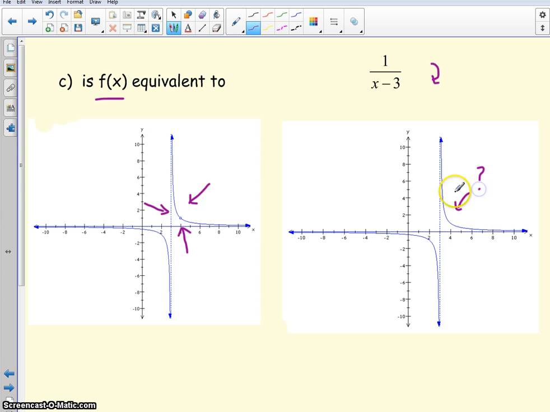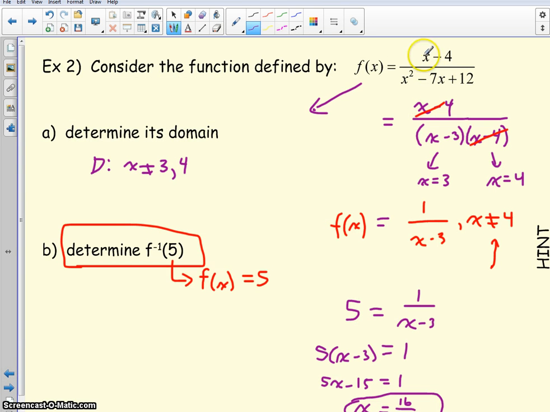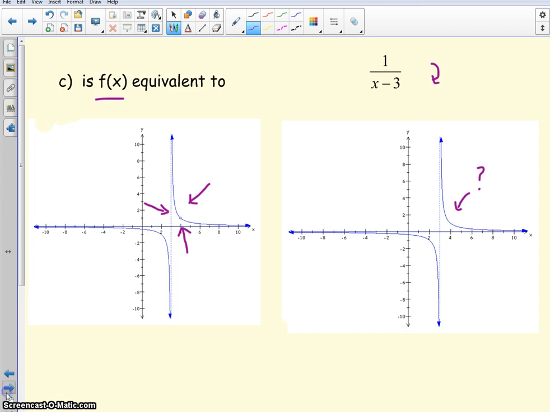So what do you think is accounting for that? Well, the difference is that this one came from the original f of x, which when simplified to 1 over x minus 3, still gave you a restriction that x could not be equal to 4. Take a look at this graph here. Where does the hole wind up being? Of course, I've drawn over it, but the hole happens where x equals 4.